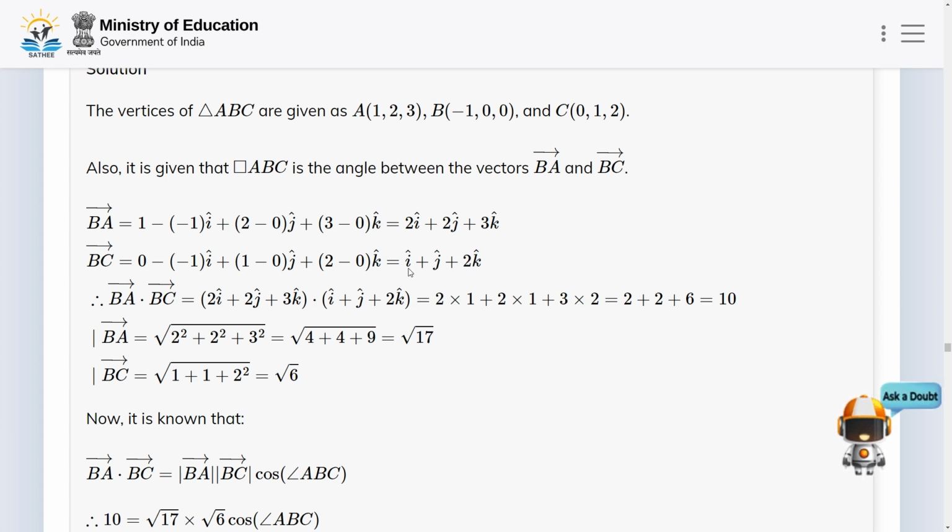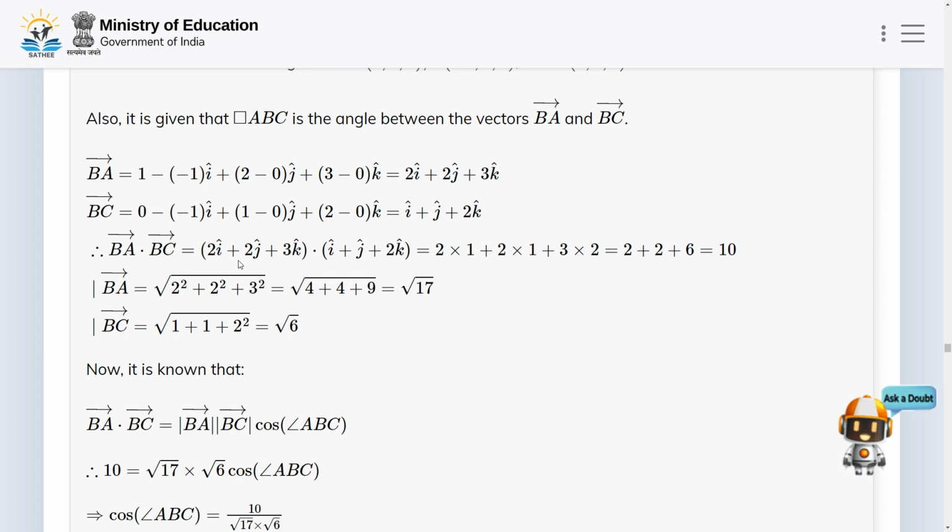Now dot product them, you will get what? The dot product is a scalar product, which means the output must be some scalar. This means multiply the corresponding components: 2 multiply 1, 2 multiply 1, 3 multiply 2. This means 4 plus 6 gives you 10. So you have the dot product.